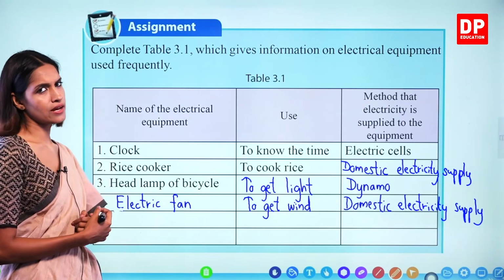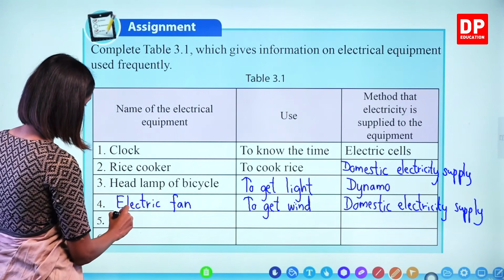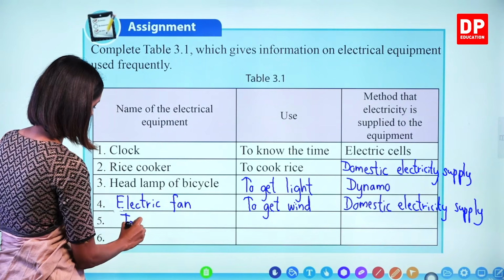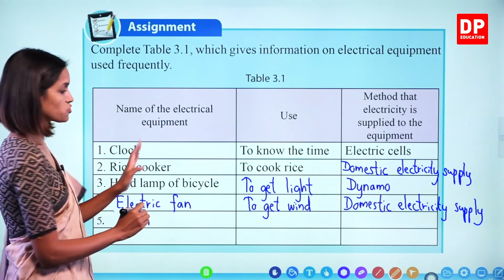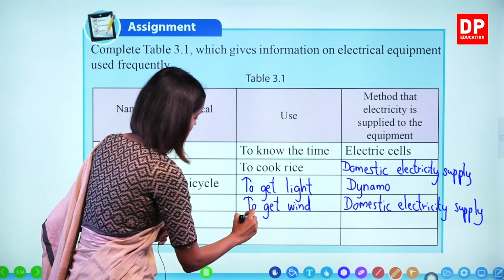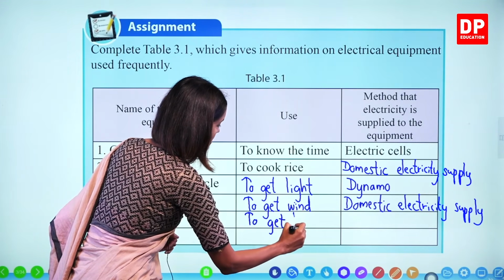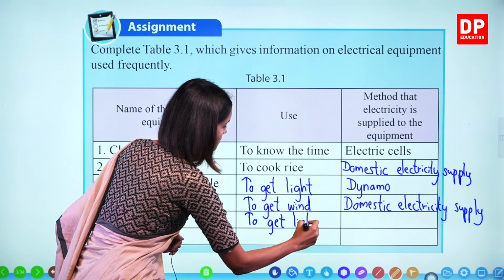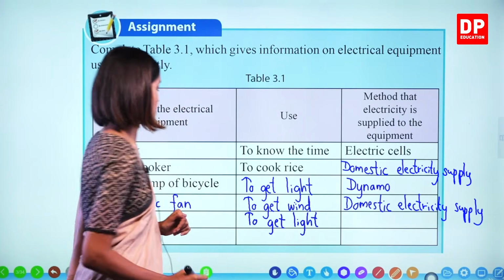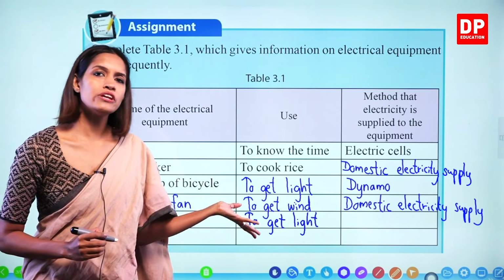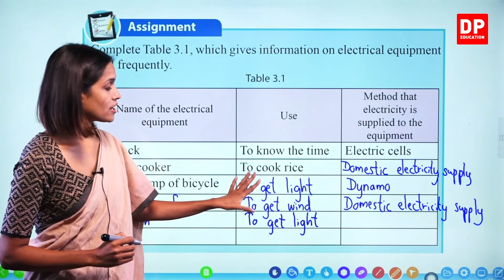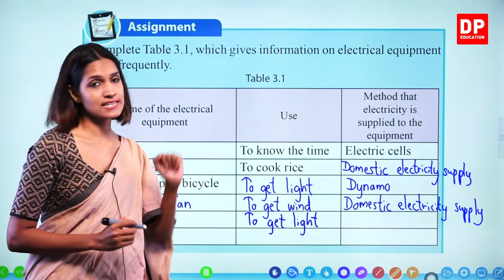Number 5. I will write torch. Torch is also used to get light. Okay. So how do we light the torch? Most of the time you can use electric cells.